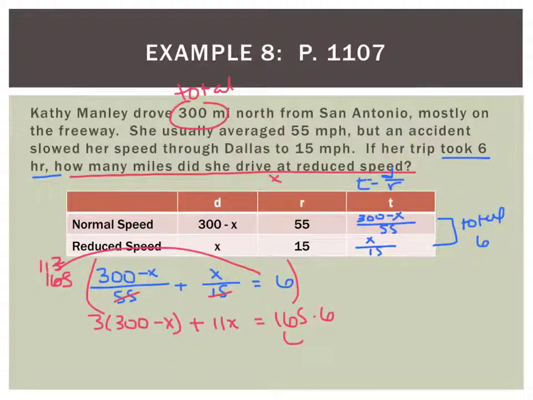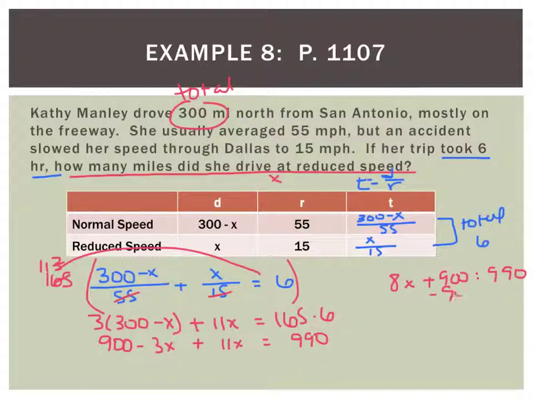Okay, so this is going to be 990. And that's going to be 900 minus 3x. So negative 3x plus 11x is 8x plus 900 equals 990.